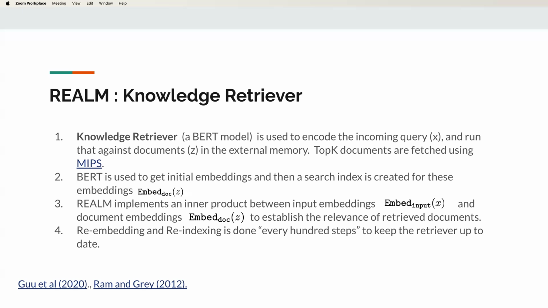Like I said, the knowledge retriever is a standard BERT model. You get a query, you run it against the documents, and then the top K documents are fetched. This is the first bottleneck we can discuss: it is easy to calculate the top K documents by simple dot product if you have 100 or even 1,000 documents.